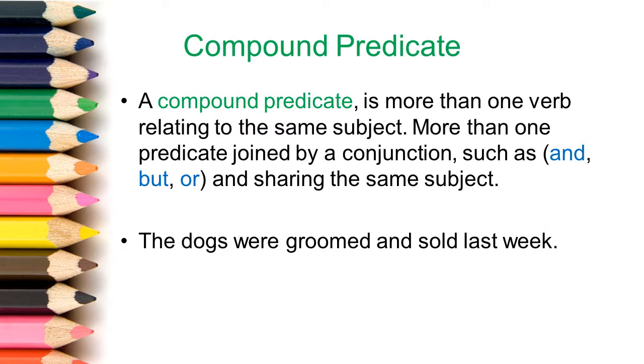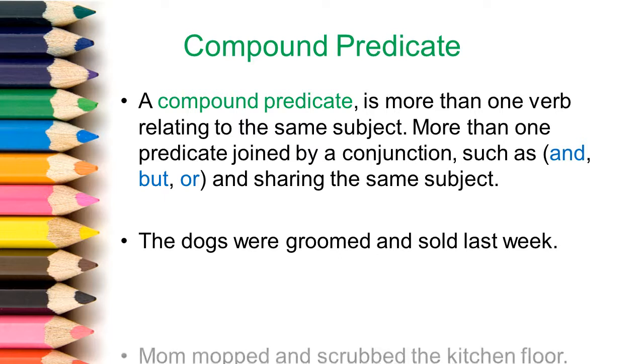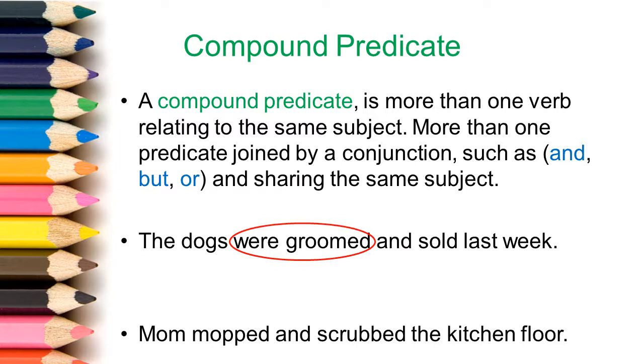The dogs were groomed and sold last week. Again, we have to find the verb. Let's find the verb together. So the verb phrase in this sentence is were groomed and sold.